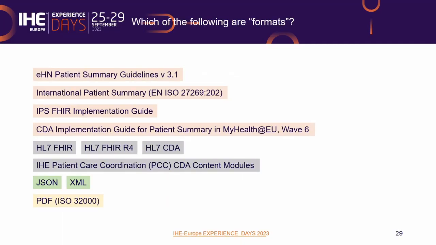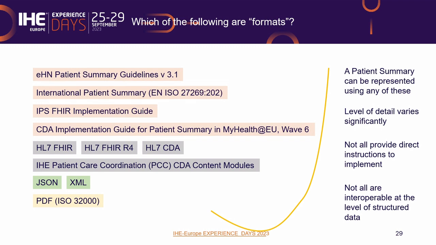This question doesn't have a final meaning, but as you can see in the presentation, we have different kinds of formats. Each one of the formats can represent one of the use cases that you have currently, like the patient summary, prescription, and other ones. All these formats can represent the patient summary.